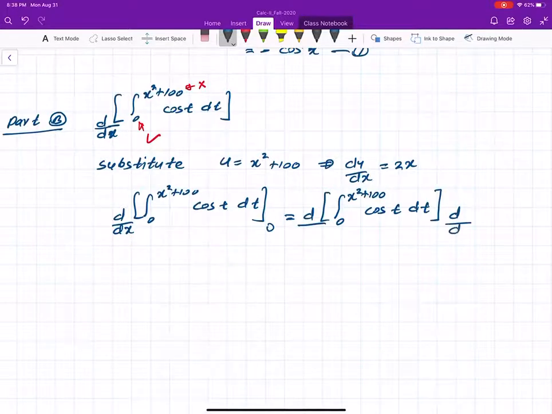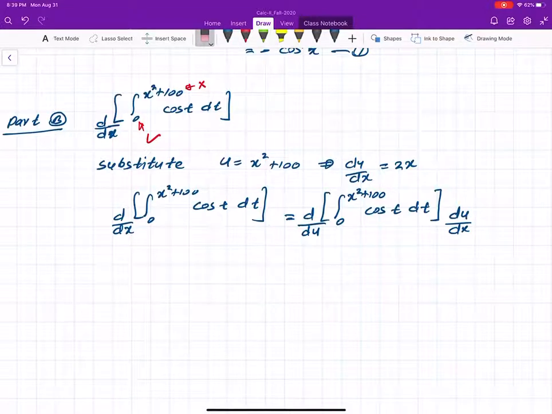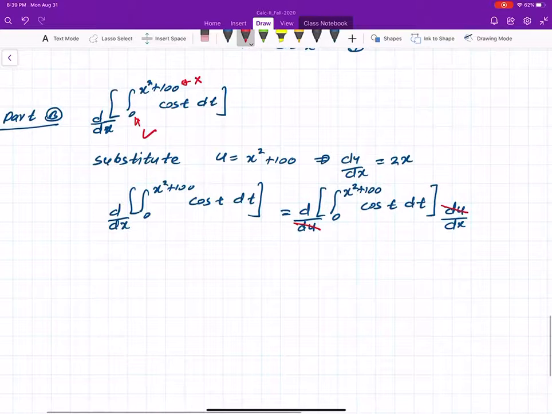And what I'm saying is I'm going to push this dx over there, and then here I put du. You can simply see that this du can be cancelled by that du. And then you can bring this dx over here. So this is the right hand side, same as the left hand side.